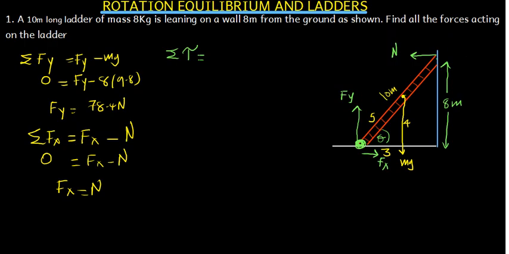But this normal force is making 90 degrees with the 8. So if we multiply the normal force by the 8, that is going to give us a torque. Of course, we could have also used the component of the normal force, which makes 90 degrees with the ladder here. But if we did that, then we would have used the distance as 10, and then the component of the normal force here.